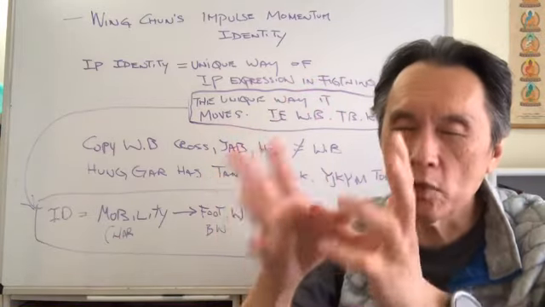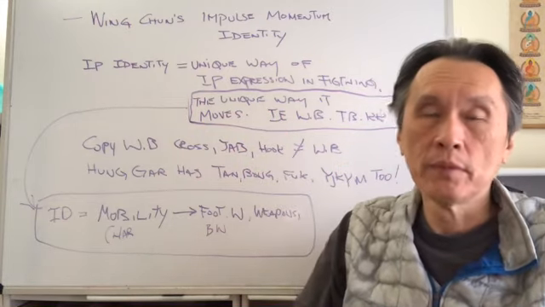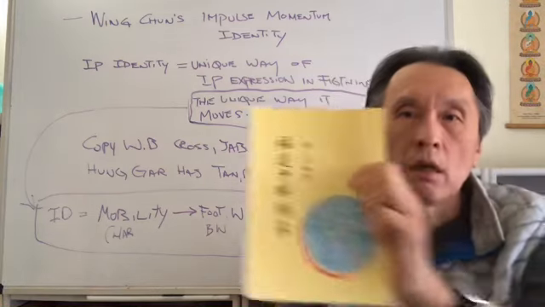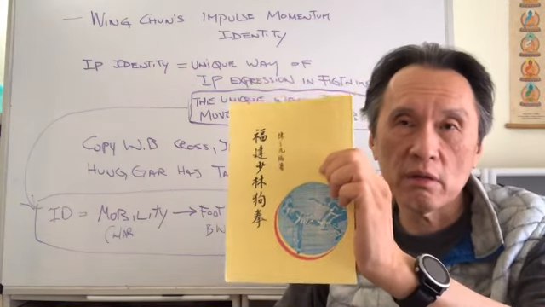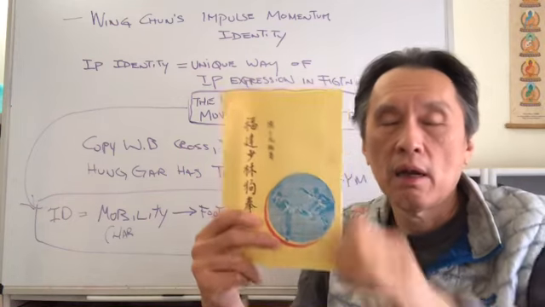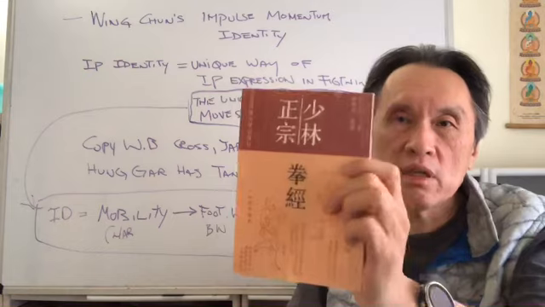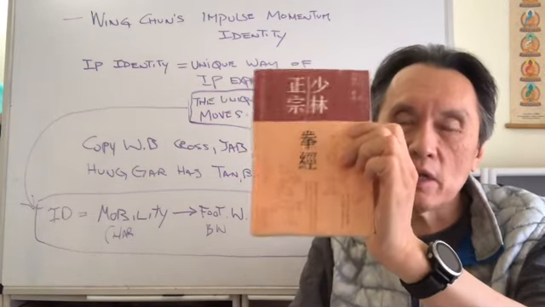That is the Wing Chun 1850s identity. Okay. As in this book, it describes clearly what is a dog fist impulse momentum identity. Same with this Shaolin Short Strike book. If you are short strike from Shaolin, you better have this identity.